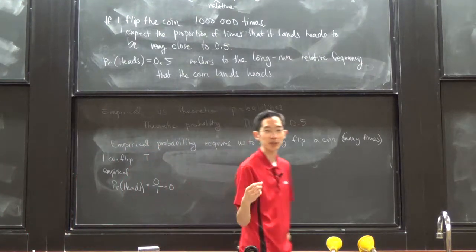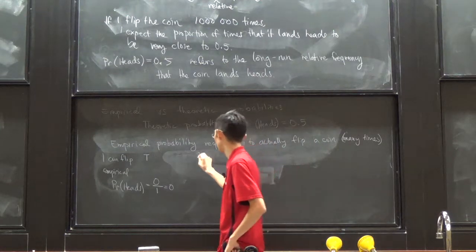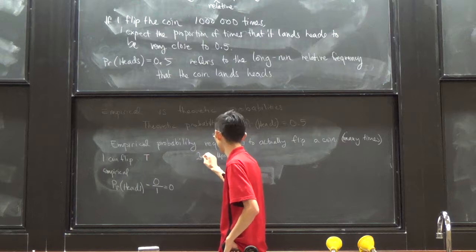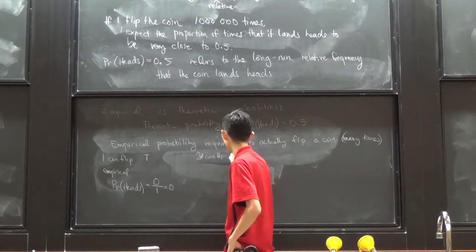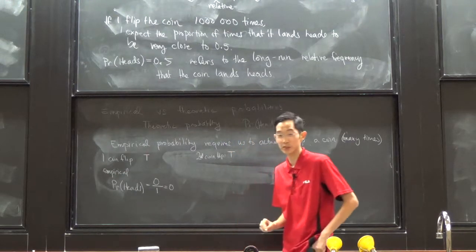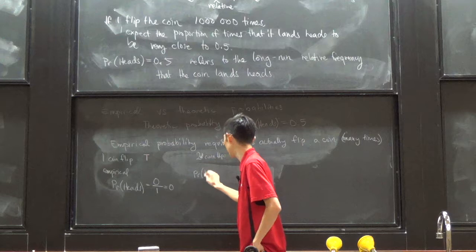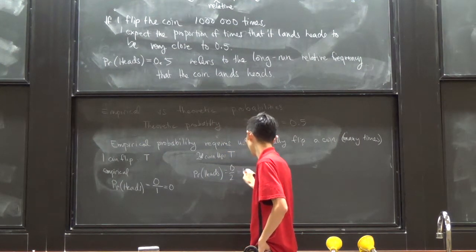Is that concept okay? Let's say I flip it again. After 2 coin flips, my second coin flip is also tails. What is my empirical probability for heads? 0 out of 2, so it's also 0.